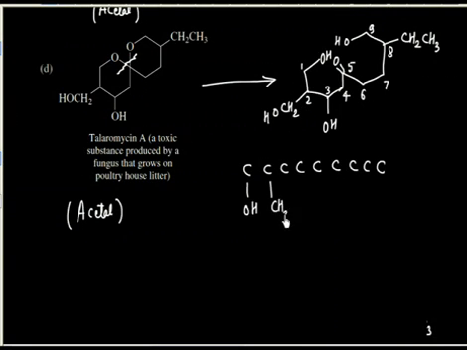Carbon number 3 contains OH. Carbon number 4 nothing. And 5 contains C double bond O. 6 nothing, 7 nothing, 8 you have CH2CH3. So this 8 contains the ethyl group. And 9 contains OH. This is the final open chain structure.